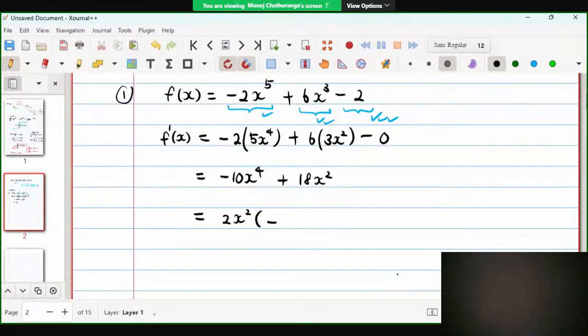So 2x squared times minus 5x squared plus 9. That is the derivative. The simplification is not necessary, but sometimes it helps us. When things are in the more simplified form, we can see things clearly.